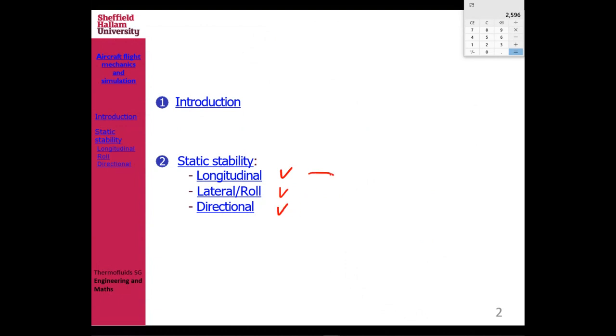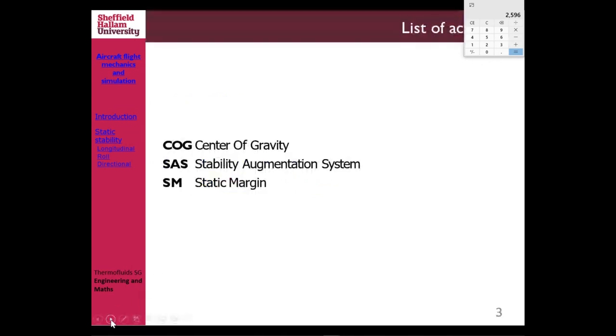But I will try to focus on longitudinal, because in a flight sim assignment, as I said, you are asked mostly about your longitudinal static stability, as well as in aircraft design. The slides mostly talk about longitudinal stability, but in some of the slides at the back you see that we also slightly talk about lateral stability and directional stability.